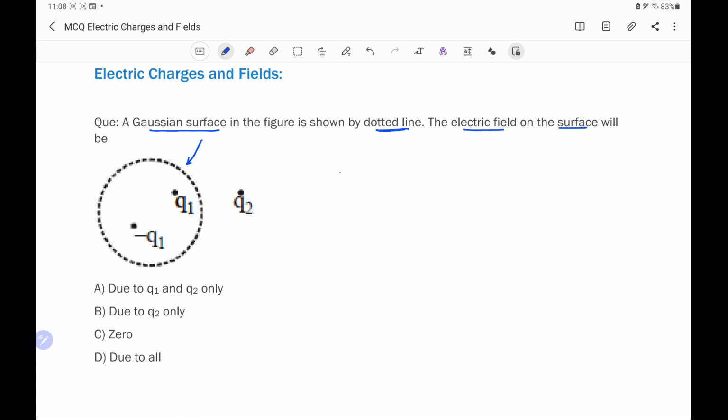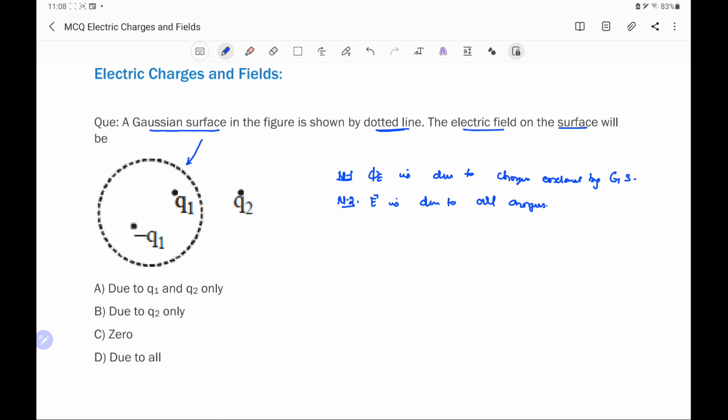Here we have to note that, note 1, the flux is due to charges enclosed by the Gaussian surface. If a charge lies outside the Gaussian surface, that will not be responsible for the flux. And the electric field is due to all charges, either inside the Gaussian surface or outside.